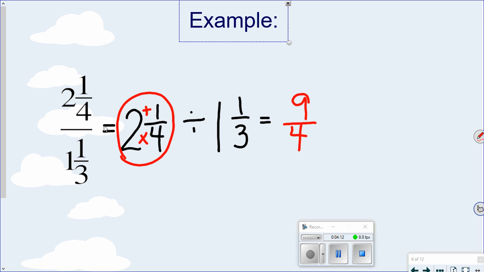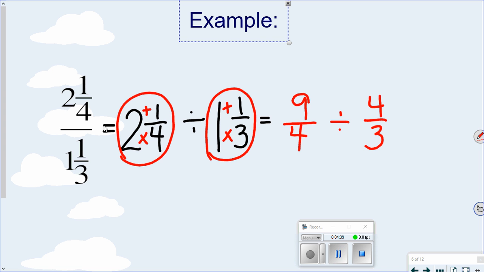I'm going to keep the division sign for now, just so that we don't get confused, while I change this. 3 times 1 is 3, plus 1 is 4. So now I have 4/3. Now again, I have a division problem, 9/4 divided by 4/3. I don't want it to be a division problem. I would like this to be a multiplication problem.